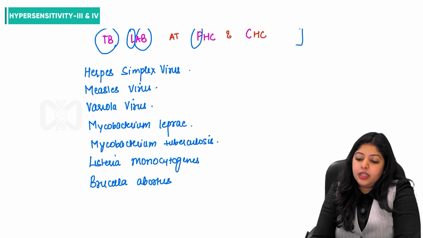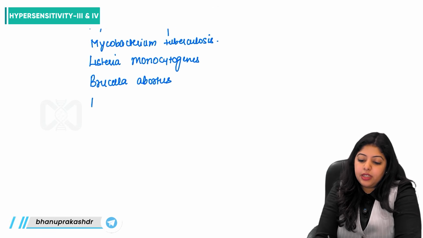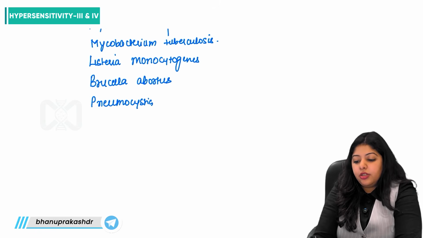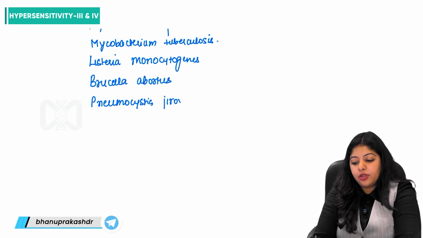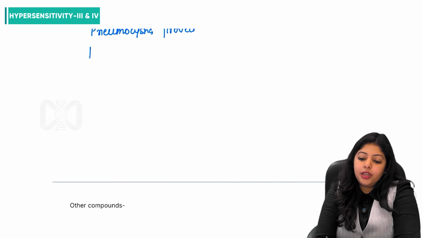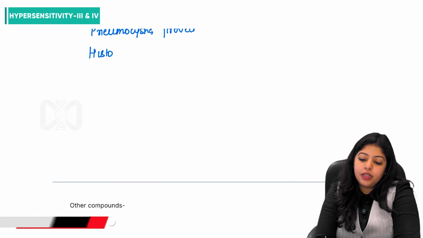And PHCC stands for, P stands for Pneumocystis. H stands for Histoplasma capsulatum.